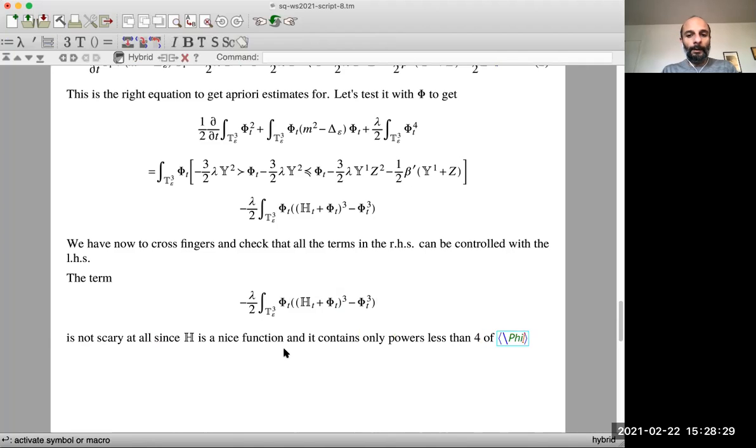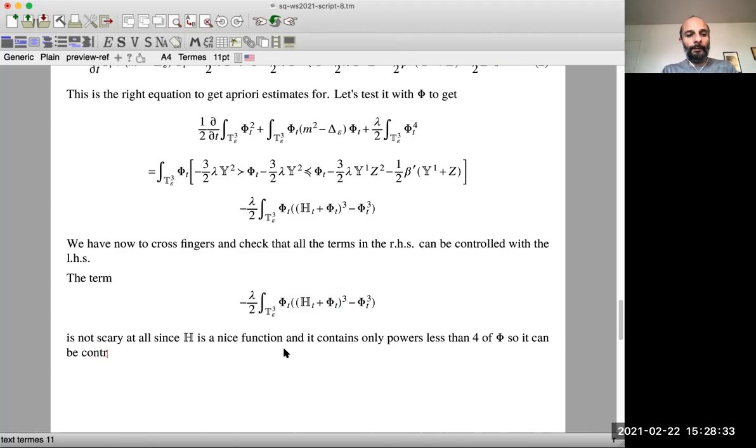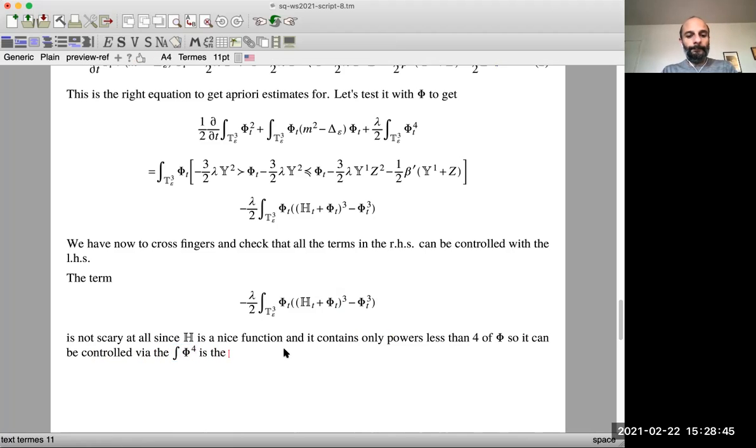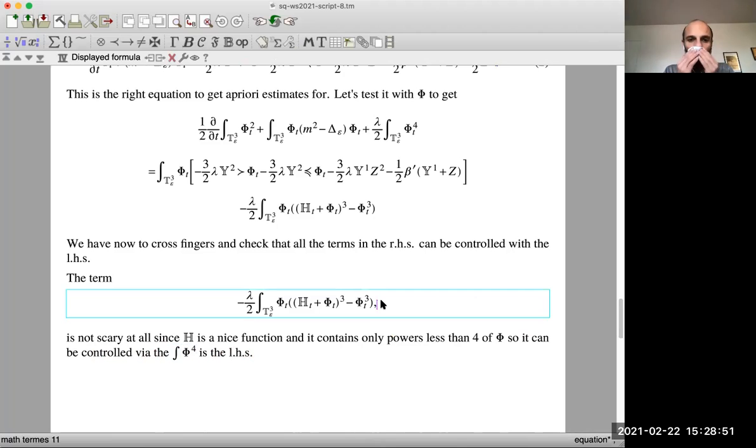So it can be controlled via the L4 norm of phi. This term, in the right-hand side, the left-hand side. So that's the first part. We should not be worried about this term.